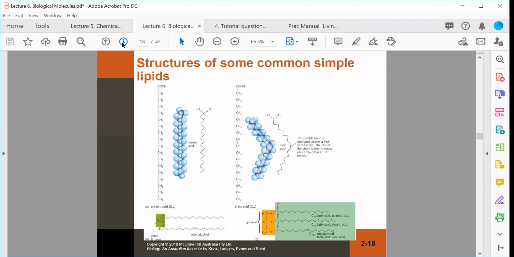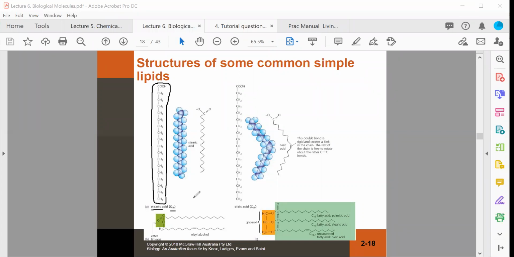And here are some examples of two fatty acids. This one on the left is called stearic acid. It has 18 carbons, and you can see that carbon backbone, that long chain of carbons. Each one is bonded to 2 hydrogens or 3 hydrogens, as in this one here.